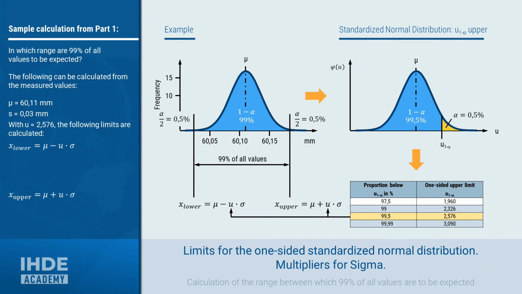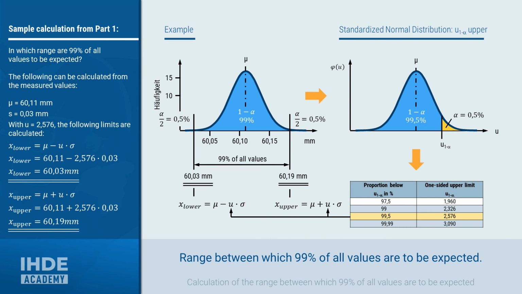As marked in the line here, this has a value of 2.576. This has to be inserted into the formulas for the limits together with the values for the mean and the standard deviation. The result is a lower limit of 60.03 mm and an upper limit of 60.19.